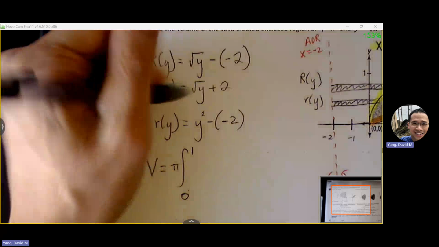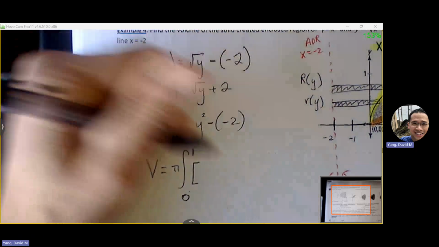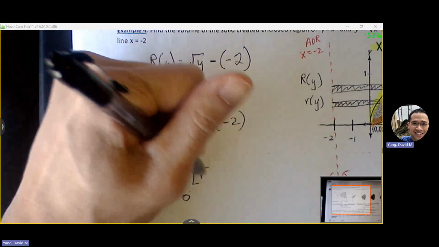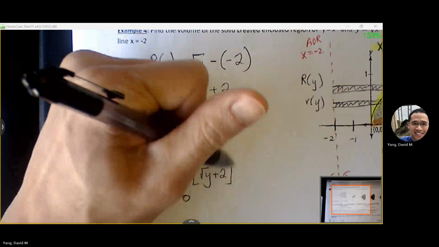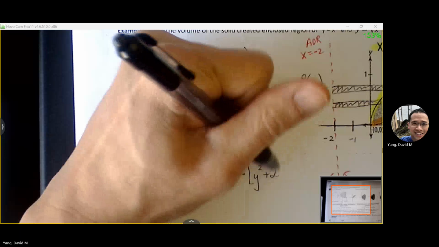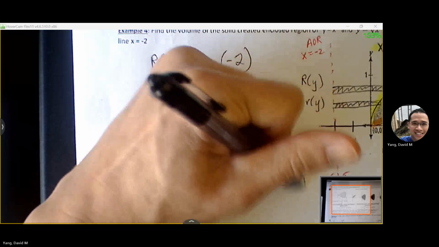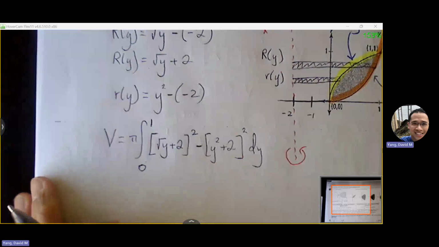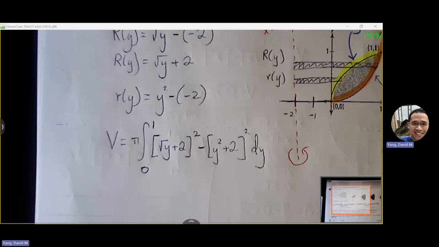And big radius, make sure you square your big radius, minus the little radius, and each gets their own squared exponent. Okay.